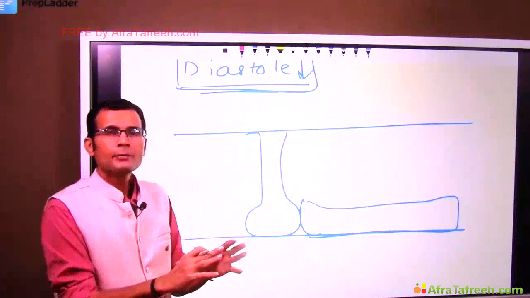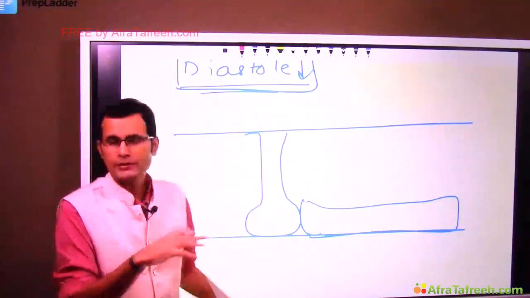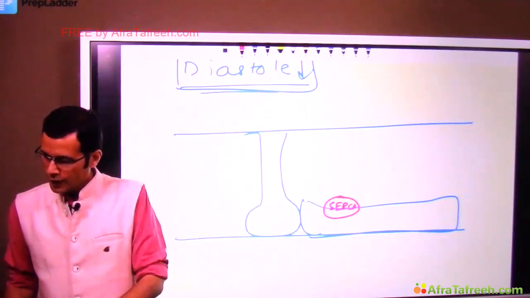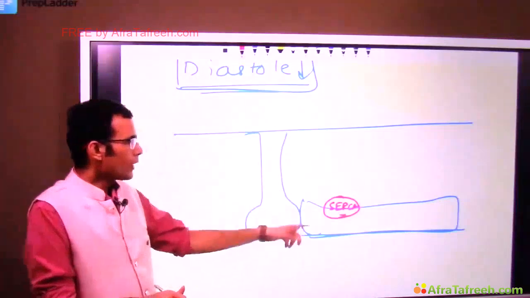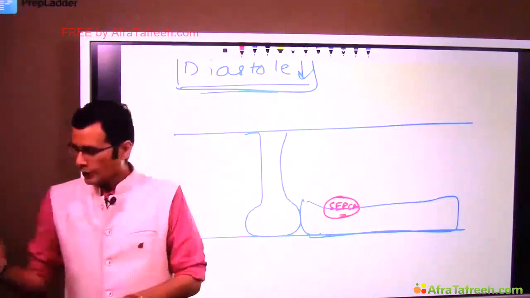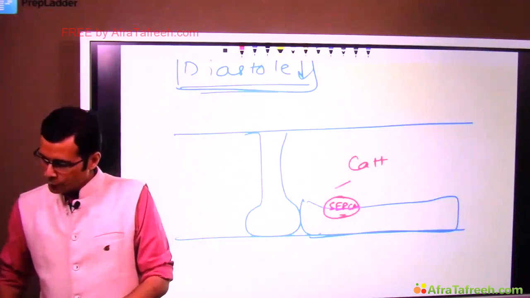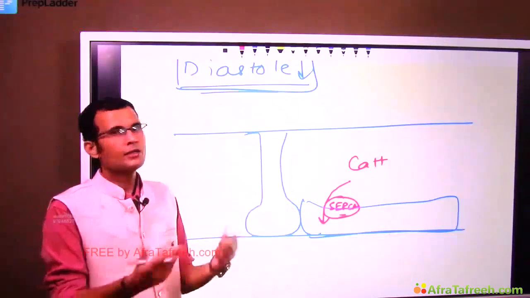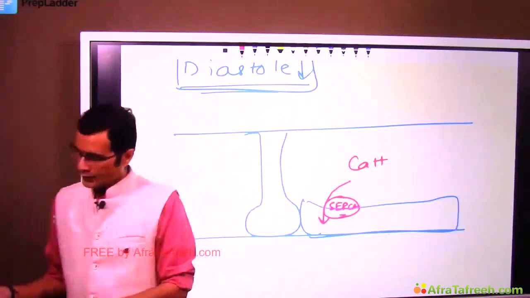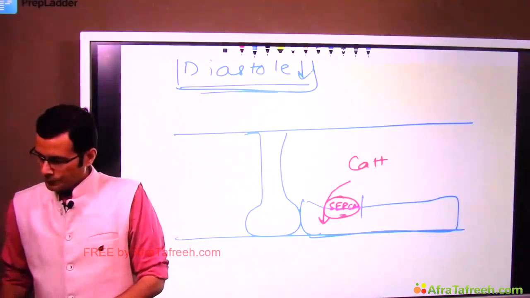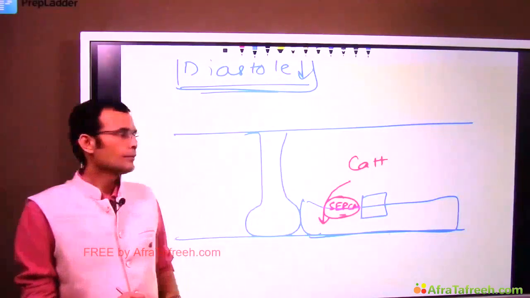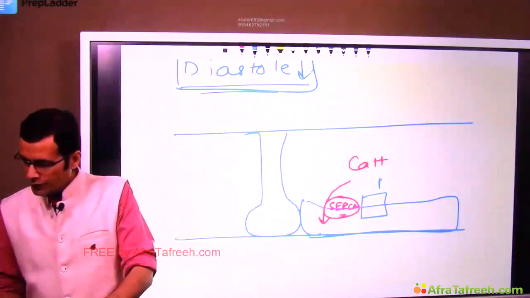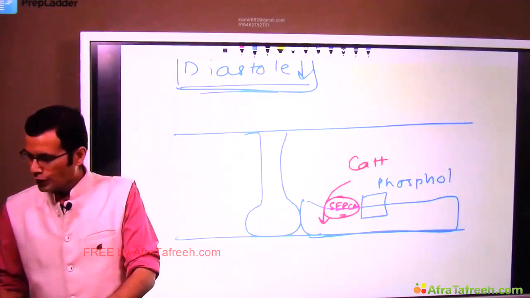Before I explain it, let me just revise it. In the case of muscle, there is a protein called SERCA, sarcoplasmic endoplasmic reticulum calcium ATPase. When this ATPase removes the calcium from the sarcoplasm, then there is relaxation, right? Now in the case of heart, there is a protein present in the heart called phospholamban.